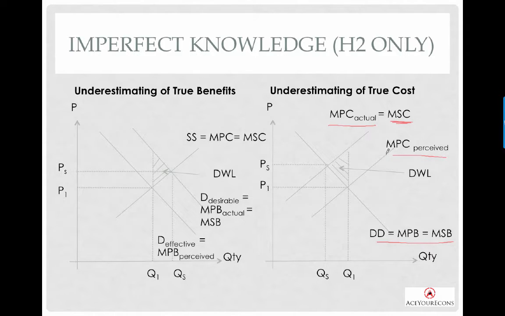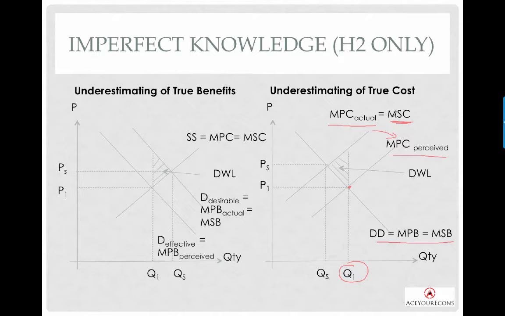So you realize that the smoker underestimates his private cost to his own health. And this is quite dangerous, because when he underestimates his private cost, there will be overconsumption here. Your MPC intersects your demand curve, and you realize that this is the consumption of cigarettes, as compared to if the smoker is fully aware of the future cost to his health.